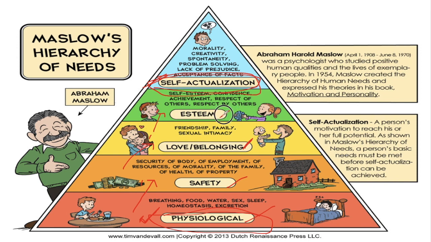Then the child would develop self-esteem, confidence, and can now reach self-actualization. That's Maslow's hierarchy of needs. So as a parent or teacher, it is very important to know these facts and understand these theories so that your child can reach self-actualization.